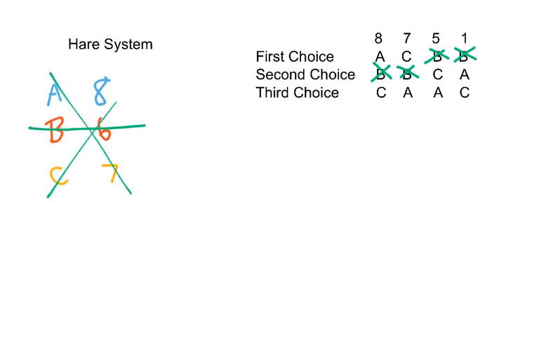Now in our second run, we look at candidate A and we see who has candidate A at the top of their list. Well, these 8 people have candidate A at the top of their list. So there are 8 first place votes there. And these people now have candidate A at the top of their list, so that's 1 more. So candidate A has 9 first place votes.